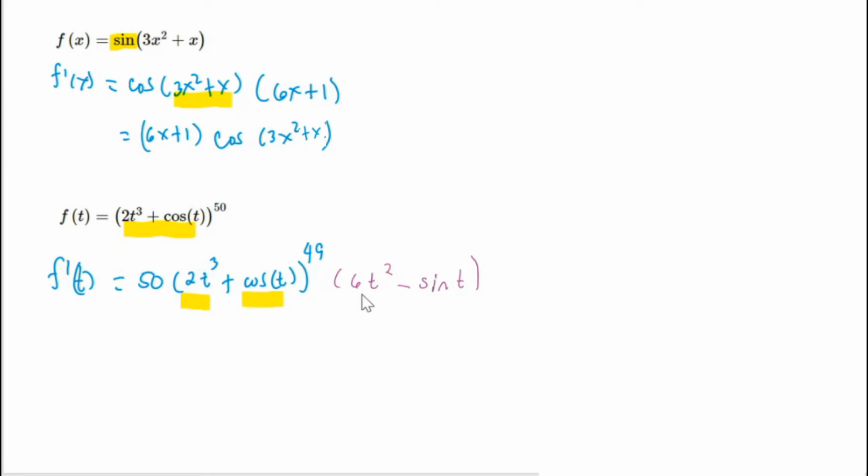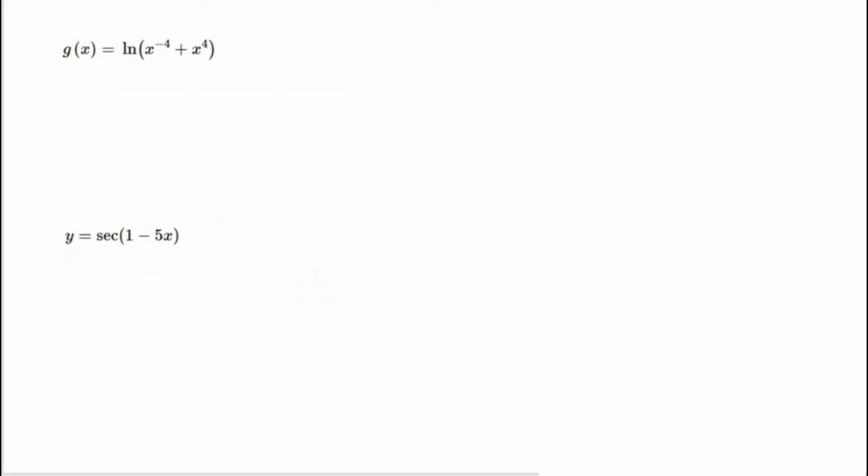So you can rearrange this one as 50 times 6t squared minus sine t times the quantity of 2t cubed plus cosine t to the power of 49. Or you can write your answer, you can remain this one if you want.